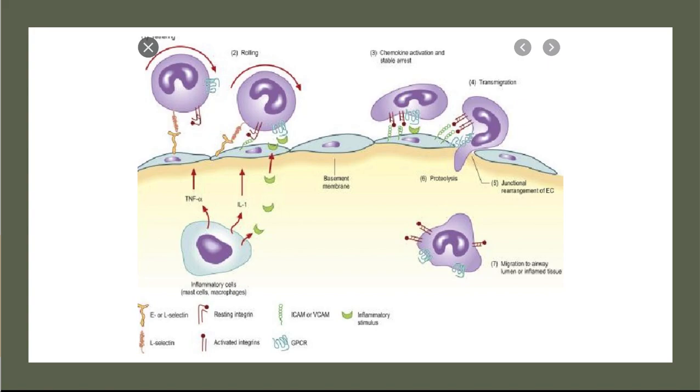For example, in unactivated endothelial cells, P-selectin is found primarily in intracellular Weibel-Palade bodies. However, within minutes of exposure to mediators such as histamine or thrombin, P-selectin is distributed to the cell surface.